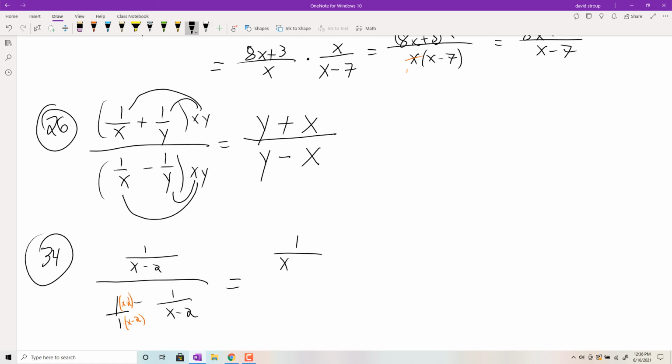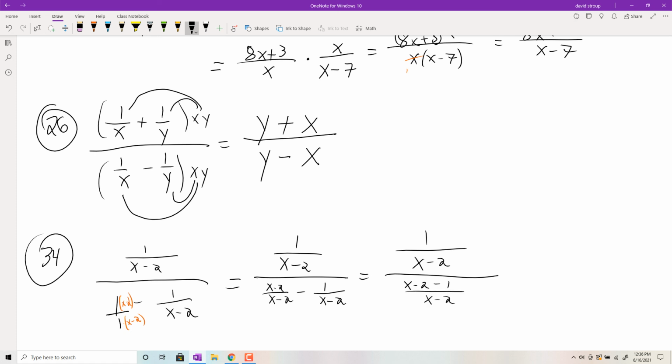So I have 1 over x minus 2 all over x minus 2 over x minus 2 minus 1 over x minus 2. Subtract the numerators over the common denominator. So I got 1 all over x minus 2, all over x minus 2 minus 1, which is x minus 3.